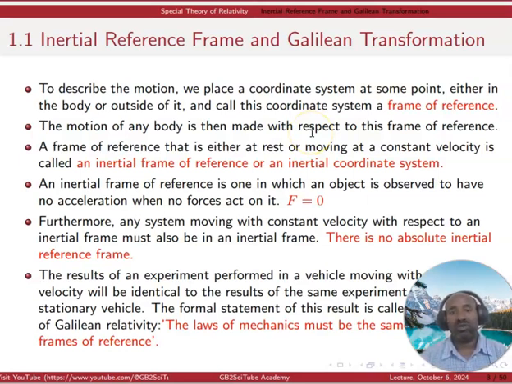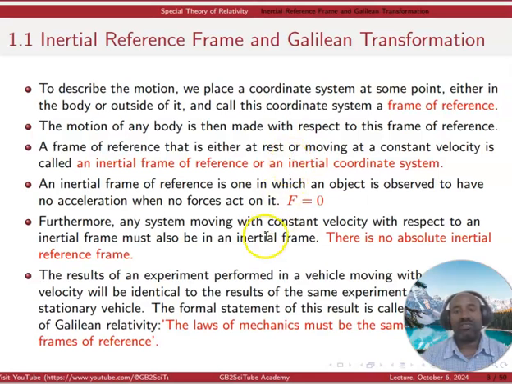This is what we call a coordinate system or a reference frame. We have two kinds of reference frame: one is the inertial reference frame and the other is the non-inertial reference frame.